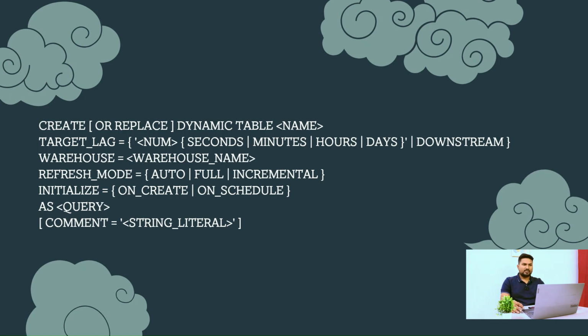On create means when we create the dynamic table, it will initialize the refresh, or on schedule, for a specific time lag or schedule you want to initialize the refresh. And then our SQL query, the SQL statement of which data you want to organize.